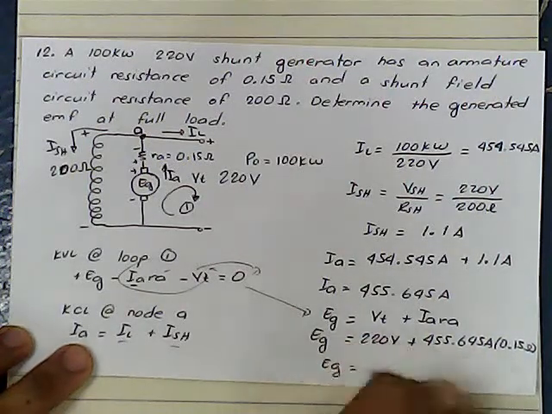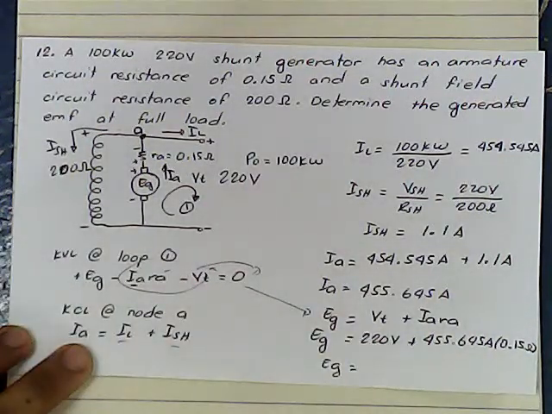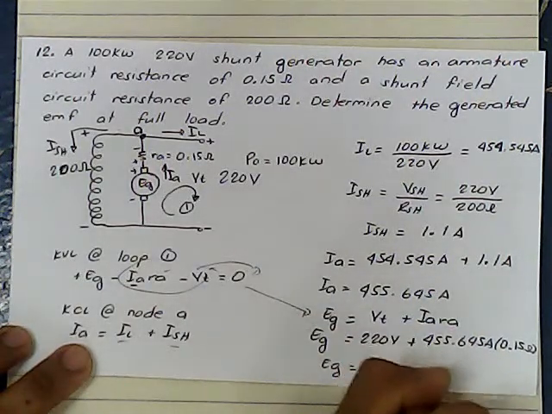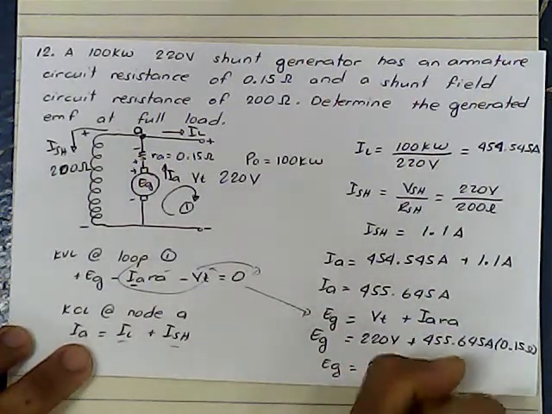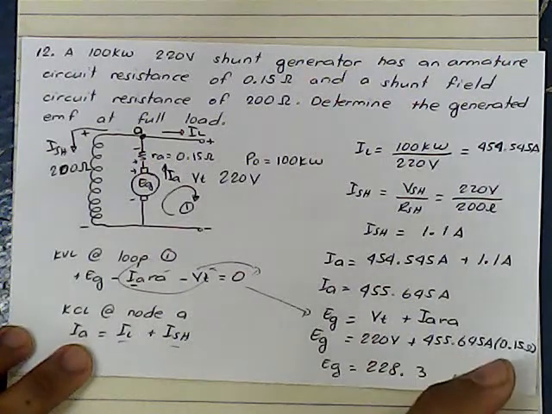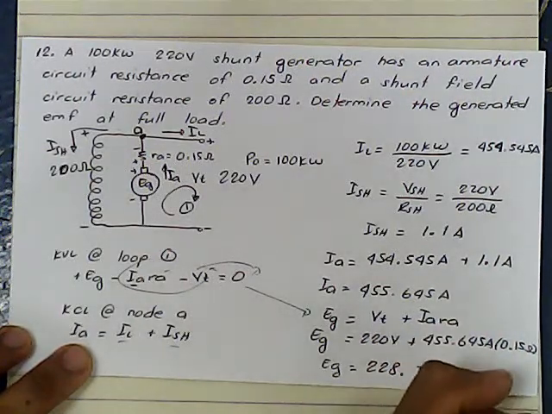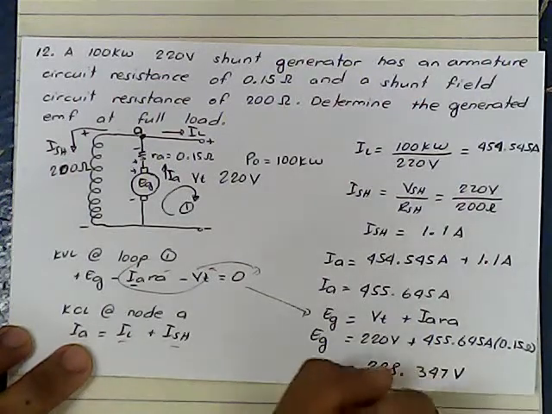Therefore, EG is equal to 0.15 plus 200, okay. We are going to have 228.347 volts.